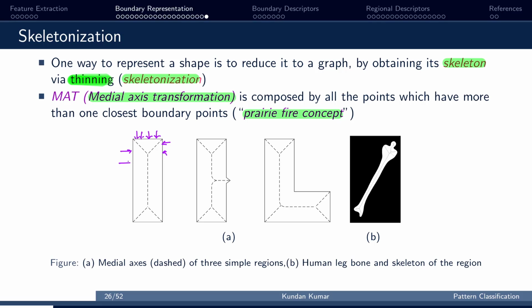So wherever the fire points meet, from this side and this side, these are the meeting points, and that will form the skeleton of this shape. Okay, so this much for the boundary representation.